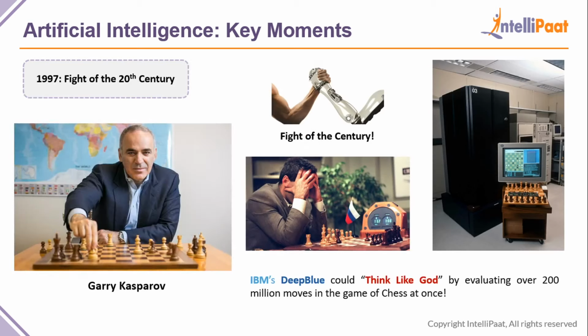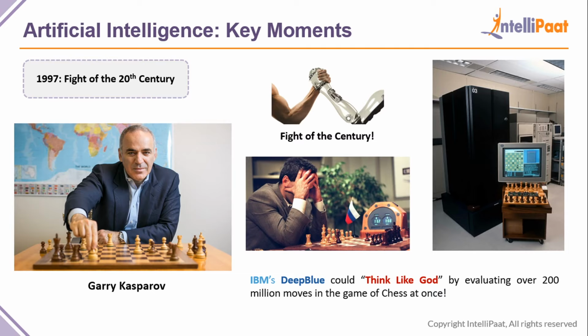And then came the 1990s, especially 1997. There was something called the fight of the century, fight of the 20th century. Let me tell you why we call it that. Mr. Garry Kasparov is a grandmaster when it comes to chess. He has won multiple world championships, and at one point of time, he was thought to be the guy unbeatable in the game of chess.